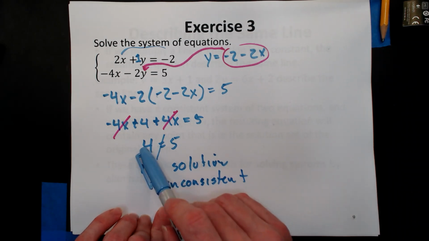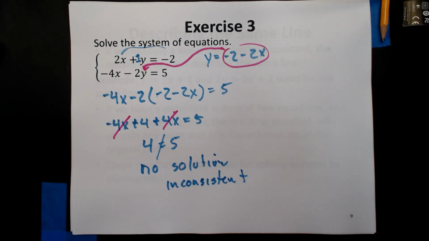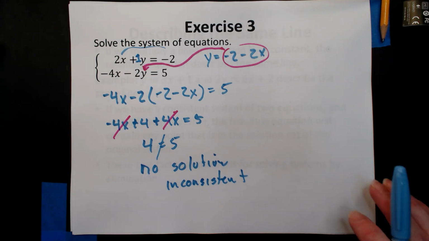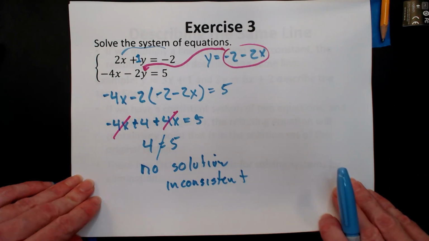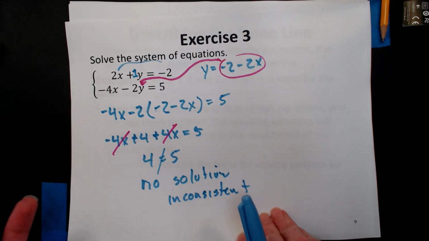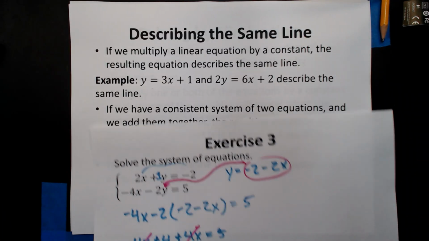But here, if you're manipulating the equations, at some point you get 0 equals a non-zero number, or 7 equals 3, or two numbers that are not equal to each other, all your variables went away, then you're in a situation where you're either no solution or all solutions. In this case, no solution.